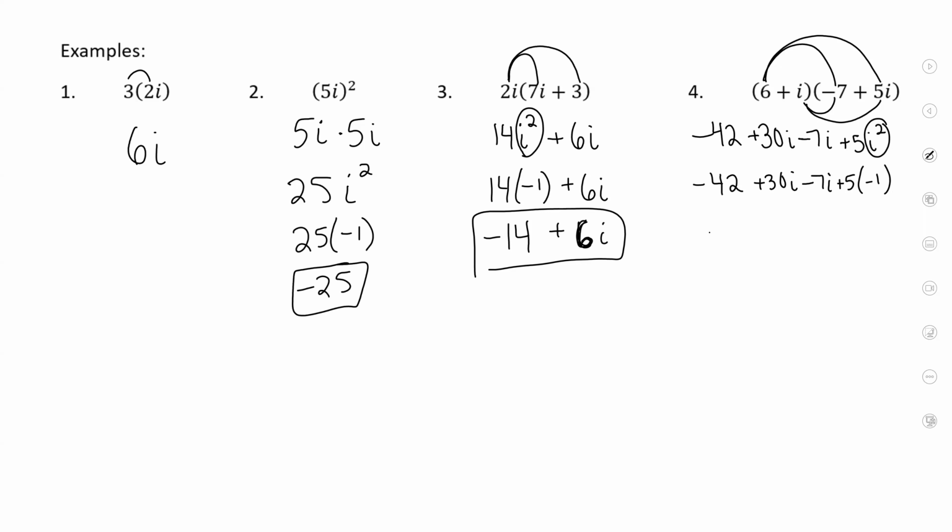This is -42. Guys, these both have an i. So what is 30i minus 7i? 23i. Just subtract them. 30 minus 7 is 23. So this becomes 23i. 5 times -1 is -5.